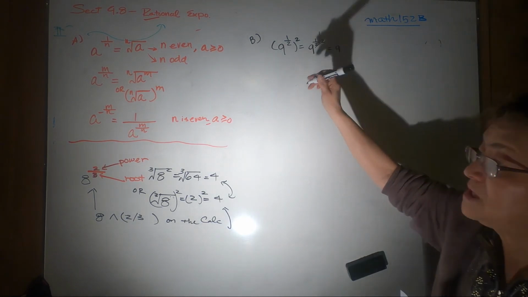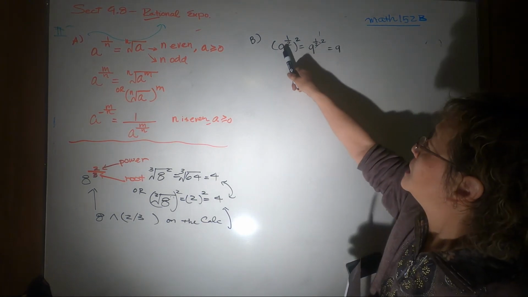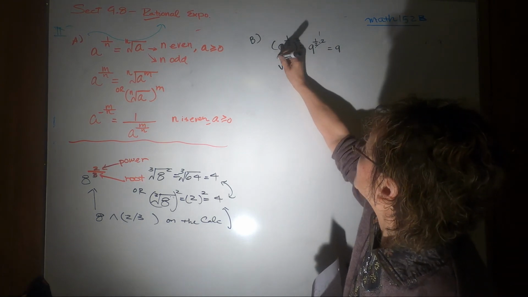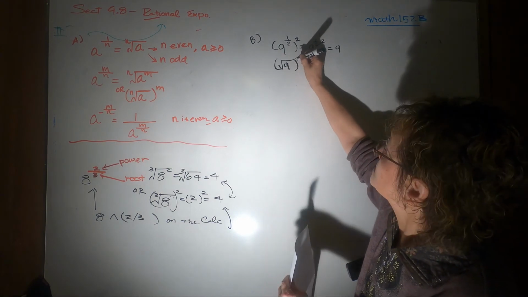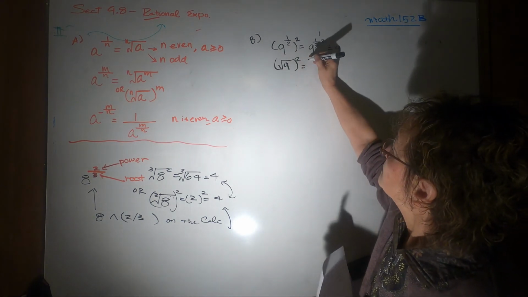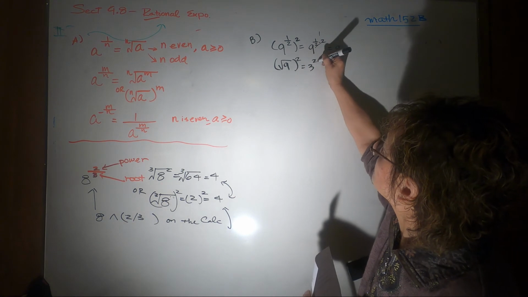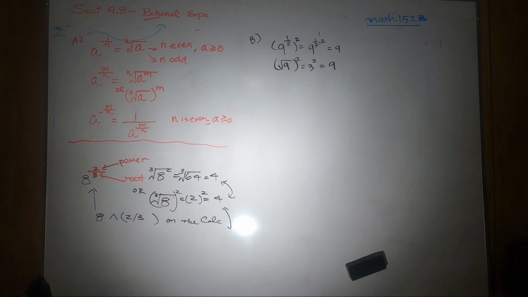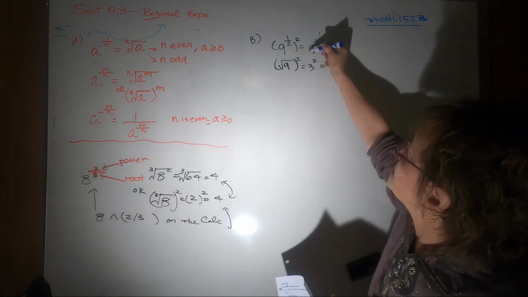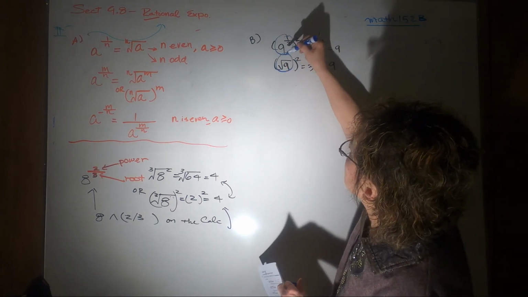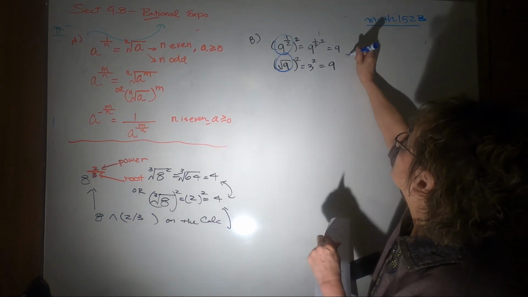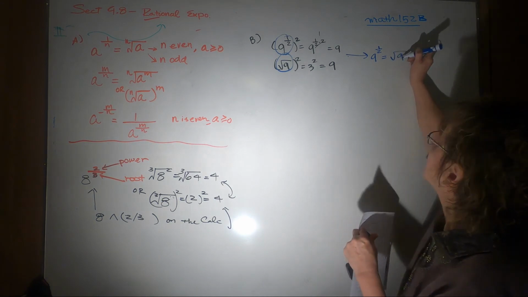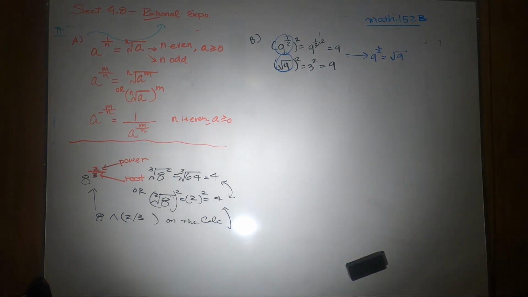Then if we use the meaning of the radicals for the power 1/2, it means the square root of 9, then you take a square, right? The square root of 9 is 3, take a square, you end up with 9 still the same. If they both take a square, it means the inside are the same: 9 to the 1/2 power equals the square root of 9. They are the same.